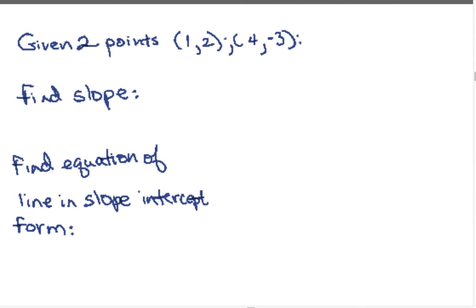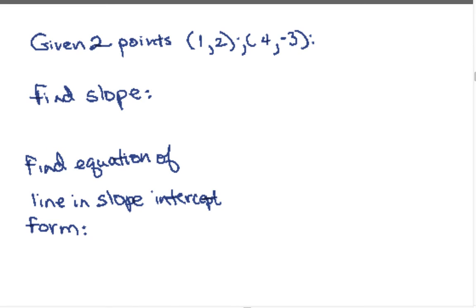So let's look at this here. We have 2 points, and we're asked to find the slope. So if you remember, the slope formula is the change in the y's, the rise over the run, change in x. So we have y2 minus y1 over x2 minus x1.